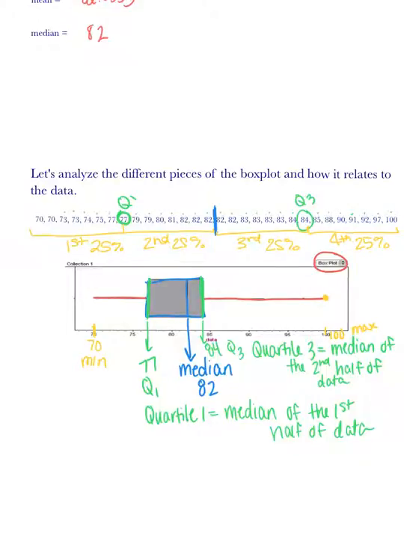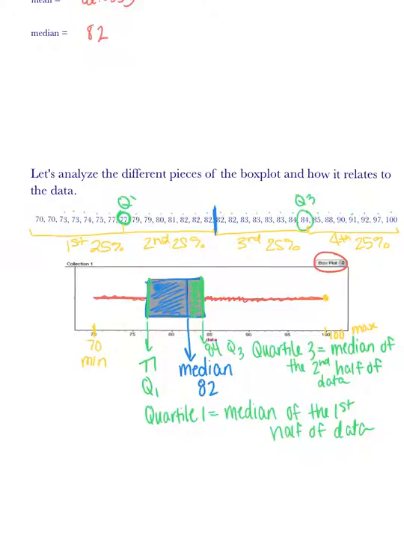So why is this whisker right here so much longer than the first one? And why is the box part from quartile 1 to the median so much bigger than the median to quartile 3 if I know they all represent the same number of data points? That's because the box plot helps us see the spread.